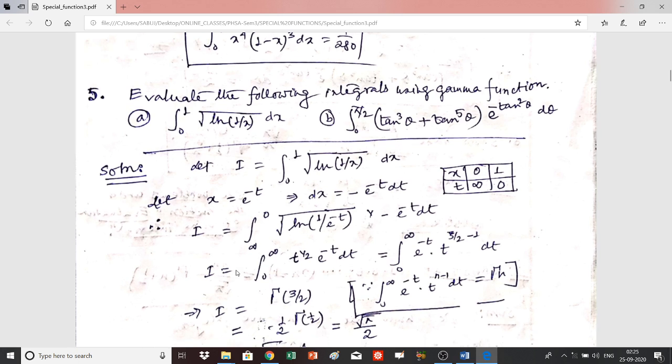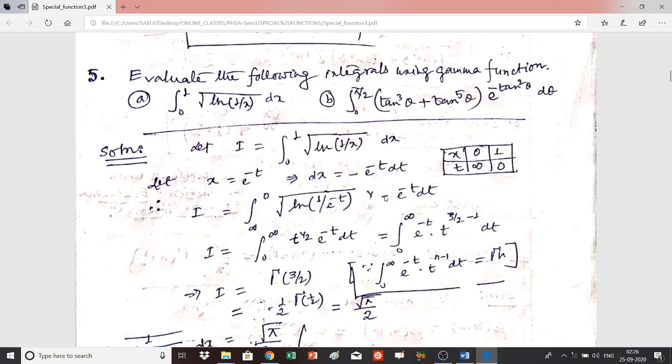Then I is equal to, changing the limits of integration, minus of the integral from 0 to infinity, and this minus will give you a plus. Log 1 by e to the power minus t will be log e to the power plus t, which means only t, and it is square root of t.